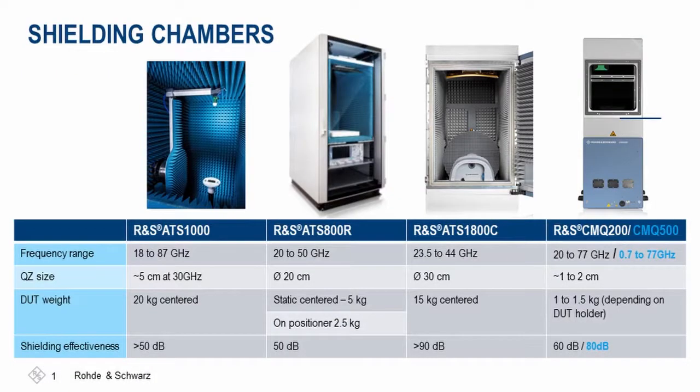Like the CMQ200, we have another box called CMQ500, which has the same form factor but covers wider frequency range, covers both FR1 and FR2, goes from 0.7 gigahertz to 77 gigahertz, and also has higher shielding effectiveness of 80 dB, while the CMQ200 has about 60 dB shielding effectiveness.